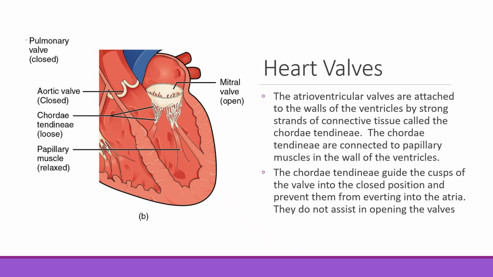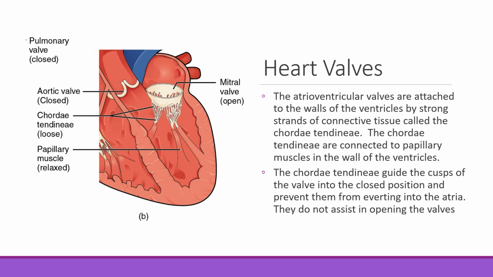A papilla is a finger-like projection of something. It's usually muscle, but not always. In this case, it is a finger-like projection of muscle that sticks into the inside of the ventricular chambers.